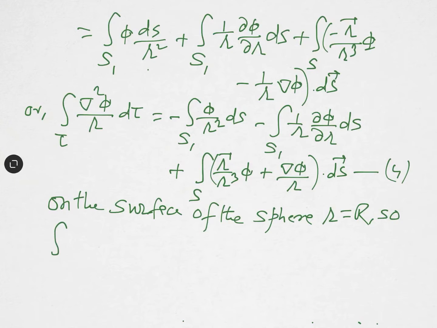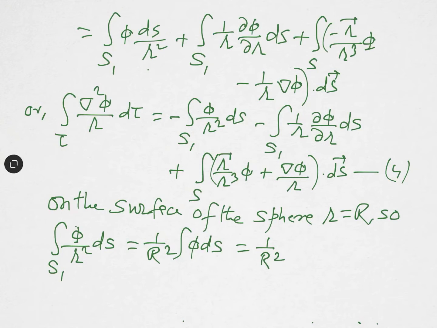So in this condition, integral over S1 phi over r square ds will be equal to 1 over r square, where we replace small r by capital R, integral phi ds, and this is actually 1 over R square times 4 pi R square capital Phi.